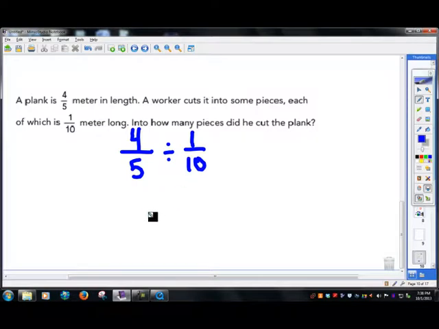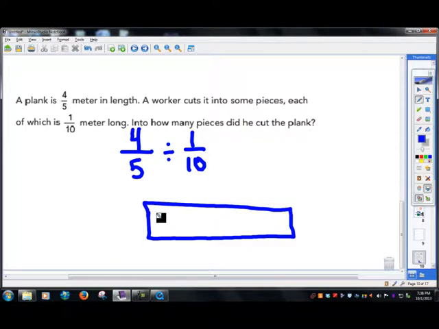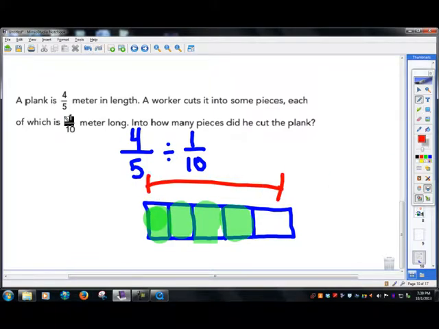So let's model the dividend. 1, 2, 3, 4. Go ahead and shade my 4/5. There's my plank. That's how much I have. Again, this whole thing would be representing 1 meter, right? Because it says 4/5 meters. Okay.